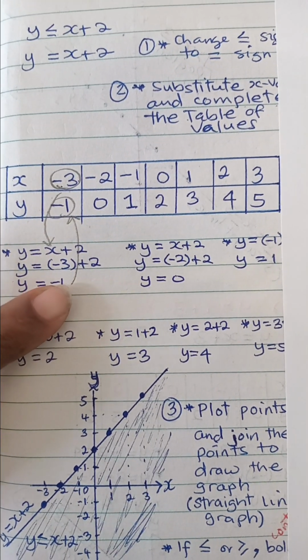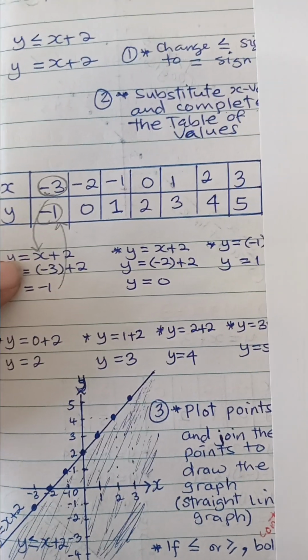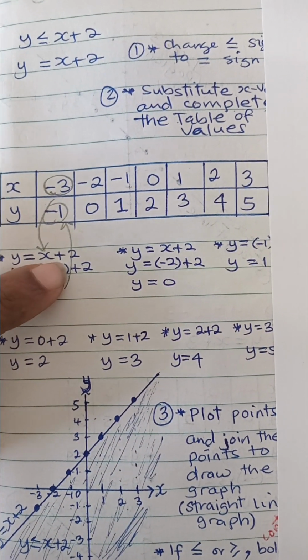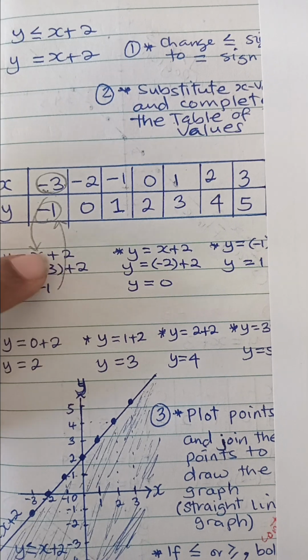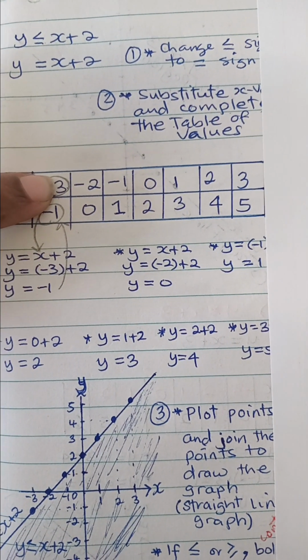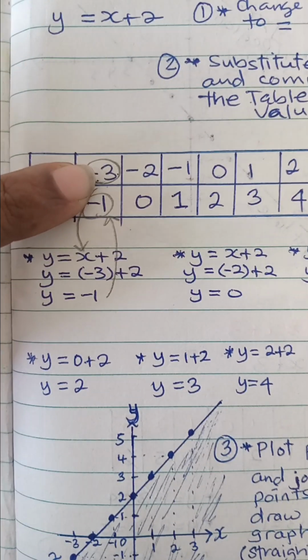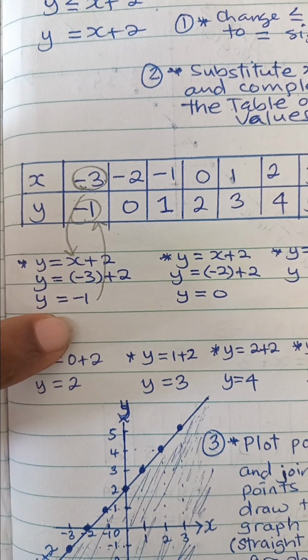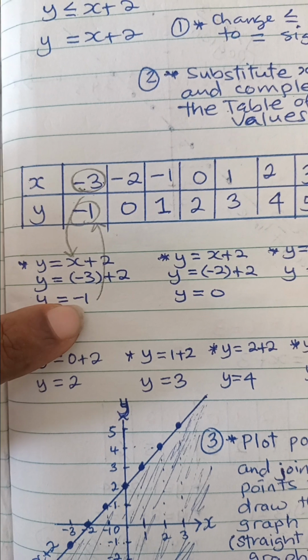Let's do it for the first x value. Our equation is y equals x plus 2. We substitute the first x value, -3, in place of x. So -3 plus 2 gives us a y value of -1.